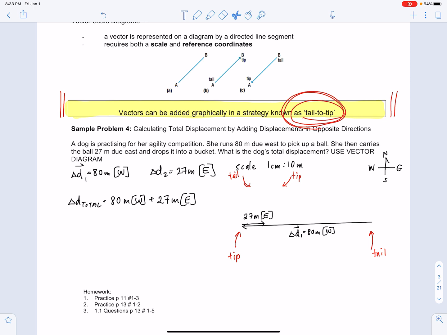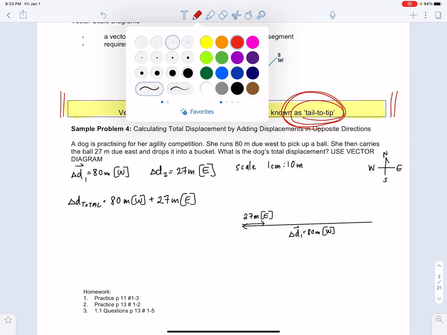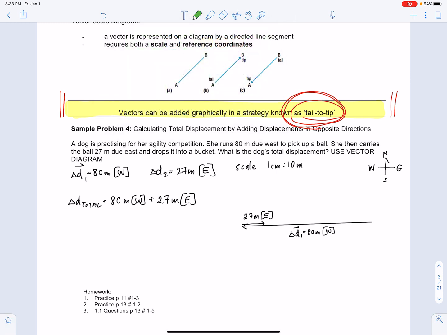Okay, speaking of the answer, if I've placed these tail to tip, how do I now find the answer? Well, the answer is the straight line that joins the tail of the first vector. Choose a nice different color. The first vector is here and its tail is right here. We're going to draw a line that joins the tail of the first vector to the tip of the last vector.